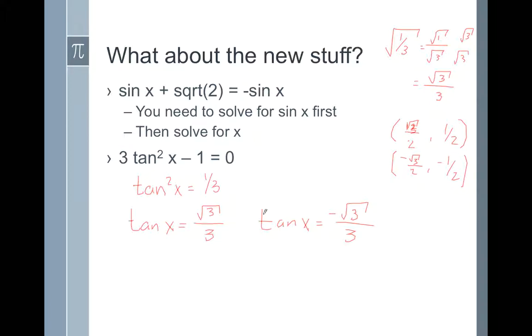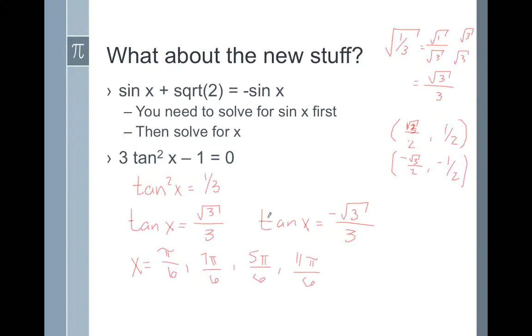And those coordinates happen at 30 degrees, so pi sixths. It also happens in quadrant 3, which is 7 pi sixths. And the negative version of that happens at the 30-degree angles in quadrants 2 and 4. So we also get 5 pi sixths and 11 pi sixths.